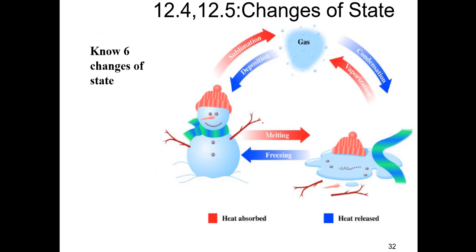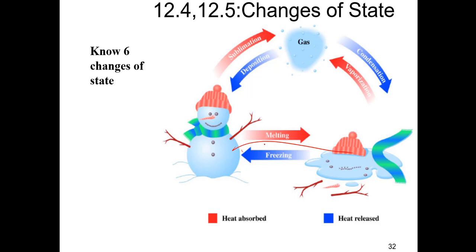Some of them are common sense, other ones are not. So, to go from a solid to liquid, it's melting. And to go from a liquid to a gas, it's called vaporization. And there's 2 types of vaporization. There's evaporation and boiling. And we'll get into that later.